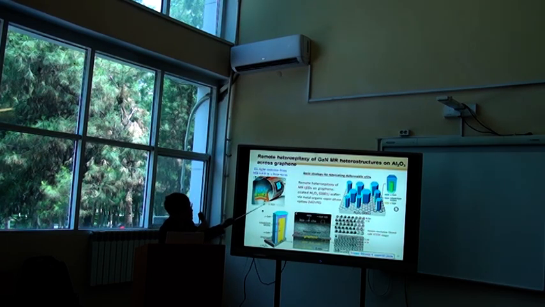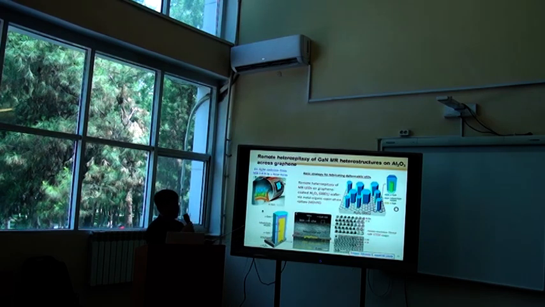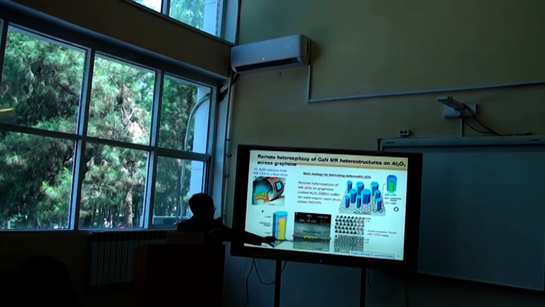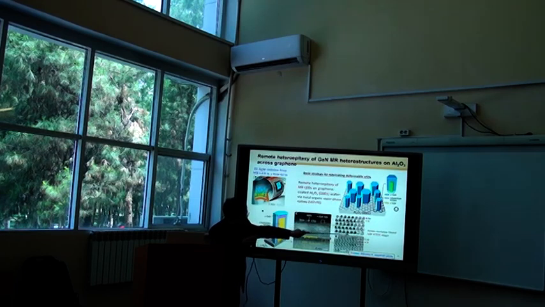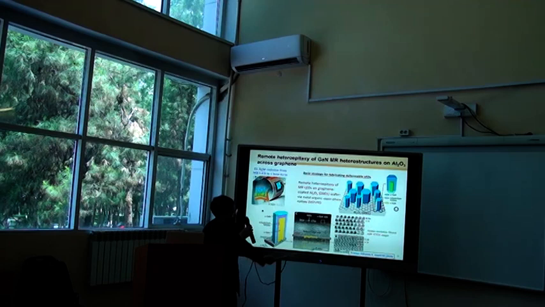Here my colleague at Sejong University made microrod LEDs on a graphene-coated aluminum surface, and Moon Kim and Anton Zakidov at the University of Texas at Dallas did TEM experiments to see how well they grow on the graphene-coated aluminum surface.